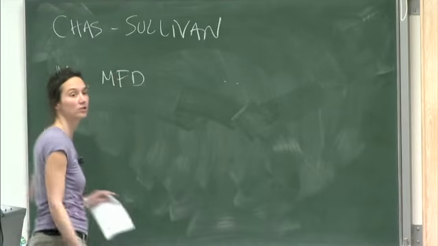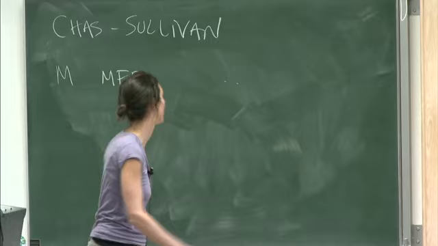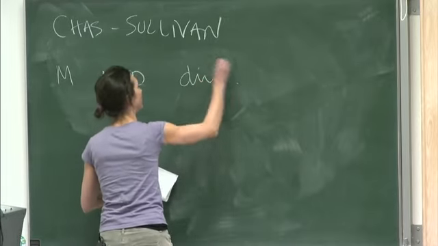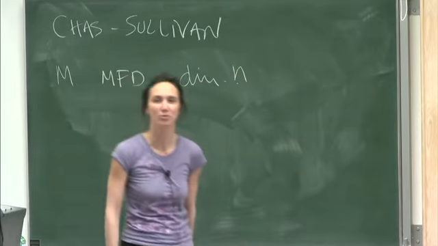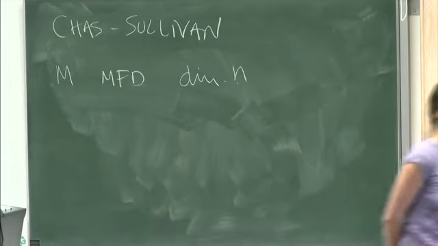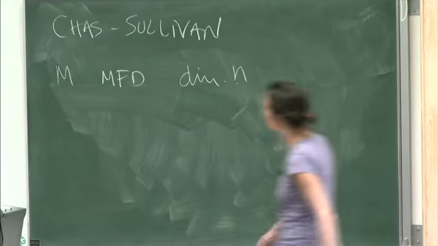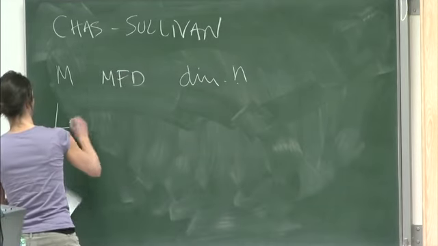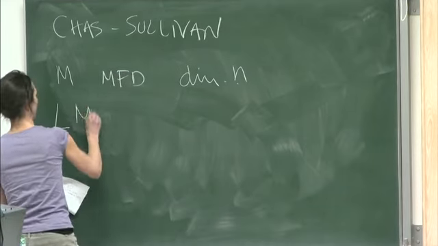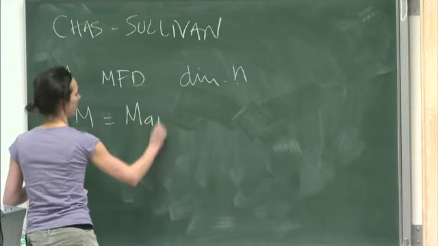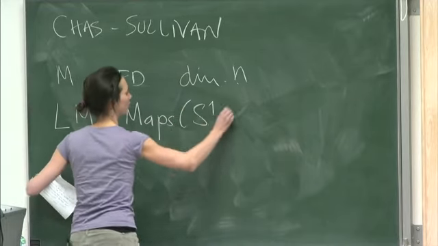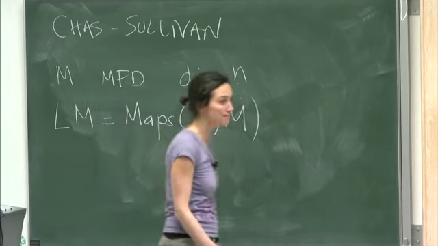This is a closed compact manifold of dimension n, and n is a globally fixed constant for the talk. If you have a manifold, you may look at its loop space, the free loop space on the manifold. This is the maps from the circle into M.